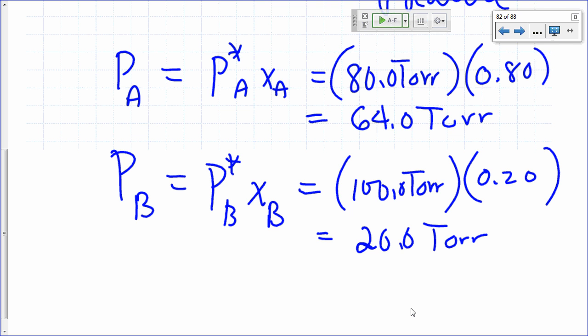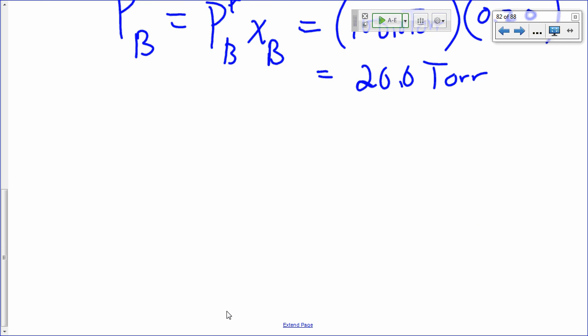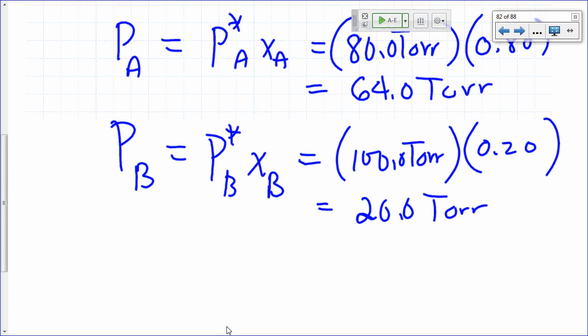Okay. How do we get the mole fraction of B in the vapor? So we don't confuse it with the mole fractions in the liquid, we're going to use a different letter. We're going to use Y for mole fraction of B in the vapor. So Y sub B is mole fraction of B in the vapor.